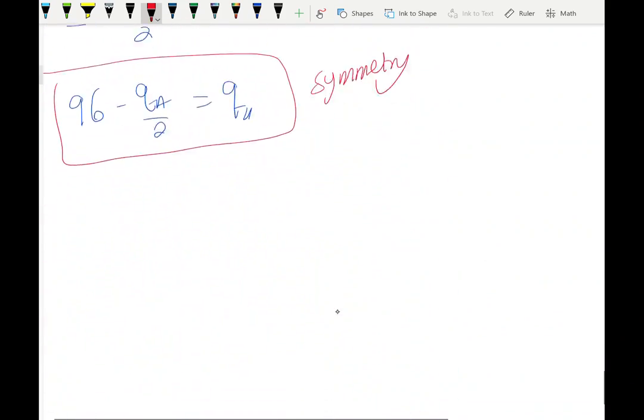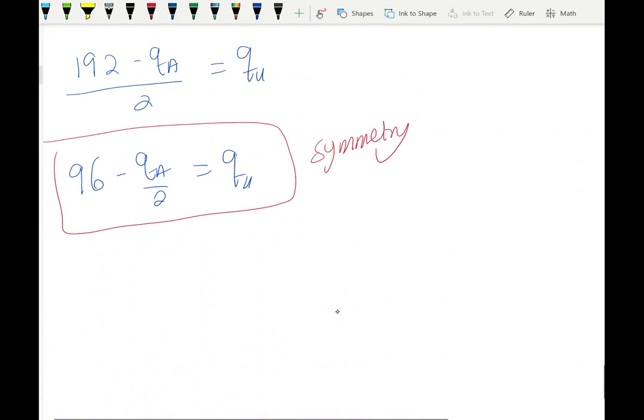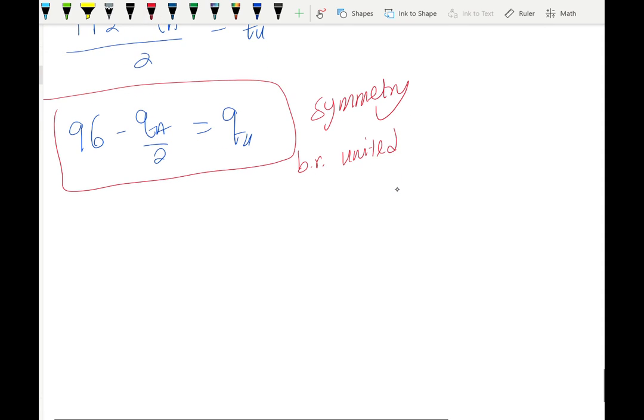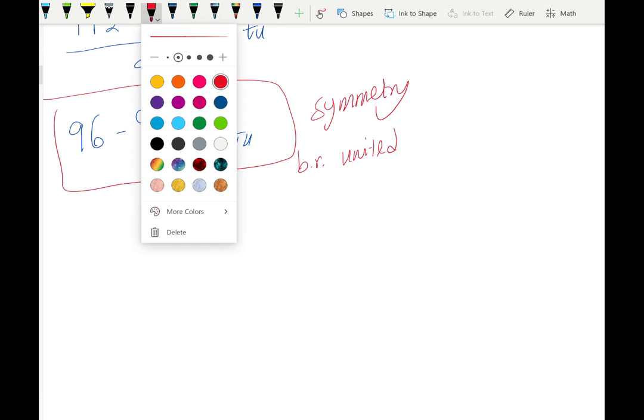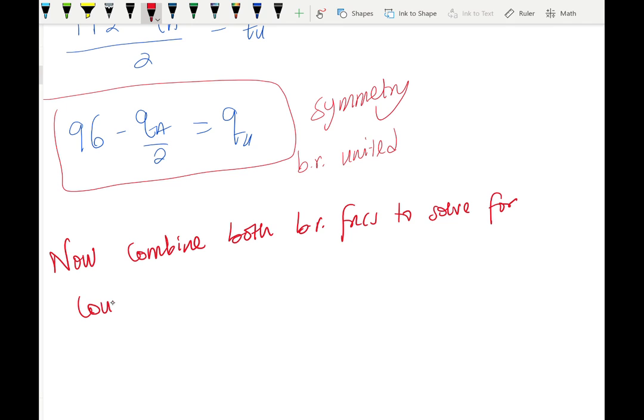Okay, so now we have the best response function for United. We're going to combine these two, so combine both BR functions to solve for the Cournot equilibrium.